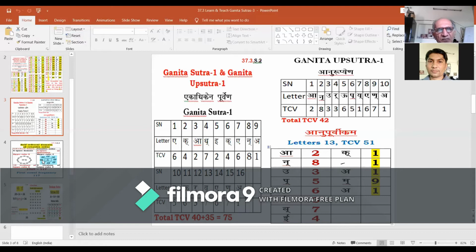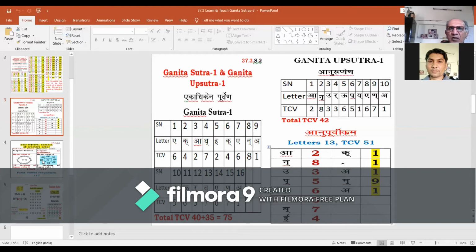Now, one may further have a pause and take note that Eka Adhikena Purvena has a simple rendering as one more than before, meaning it is a sequential progression rule. This sequential progression rule is of one count. It is a single unit sequential progression.